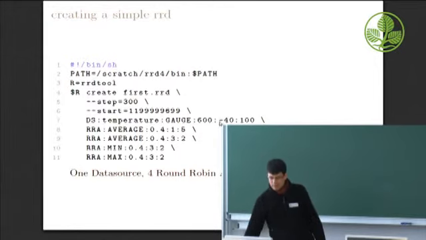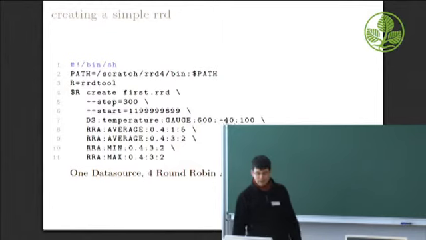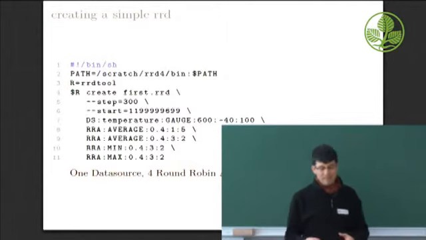The last 2 items when I'm defining a data source are for setting a lower and upper boundary for the data, for the rate in this case.